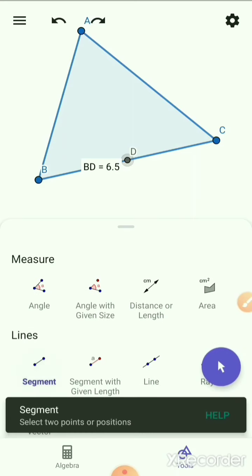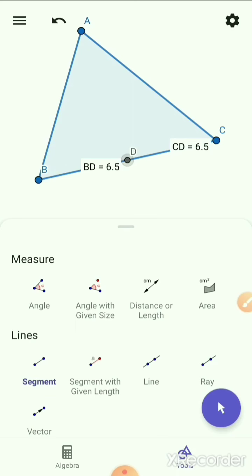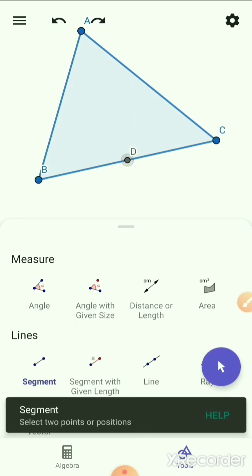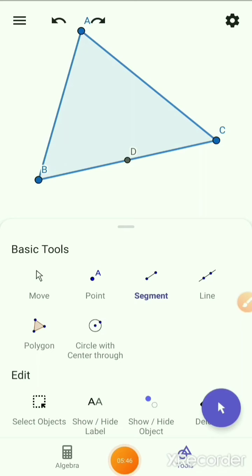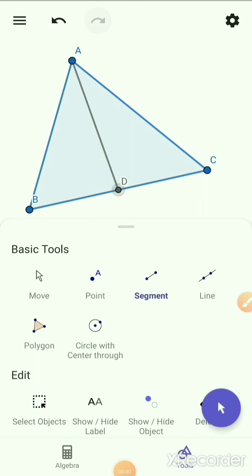Let's see how we will draw it. Point D and point A. Here I am joining point D and opposite vertex A. So I have got segment AD.